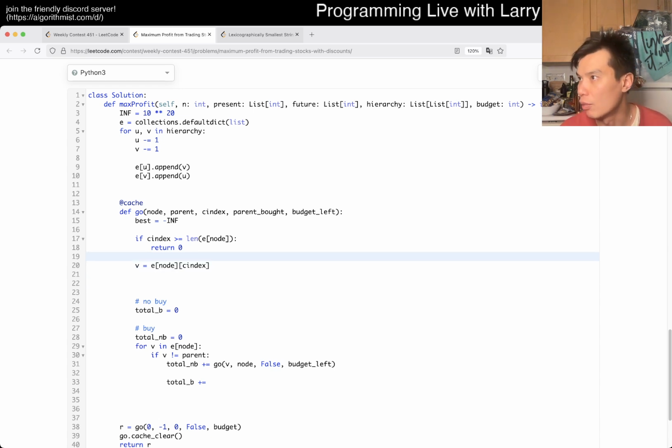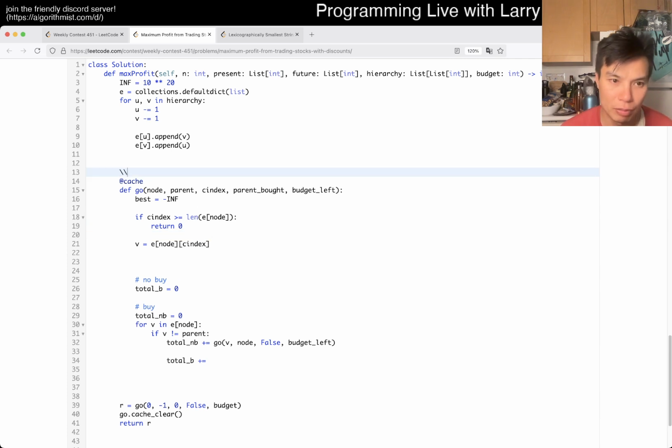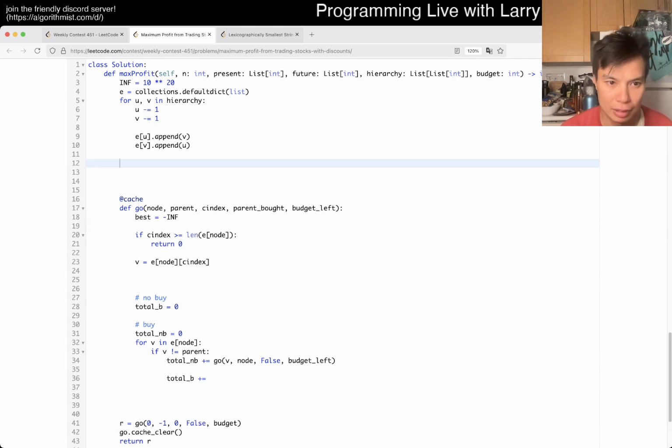I guess we have to figure out if we're buying or not buying this thing. Okay, so I mean we can do it in the same function, but I think we just need a different function, right?